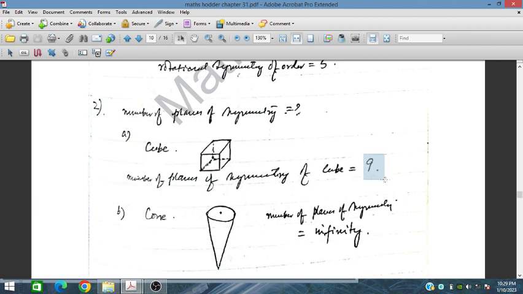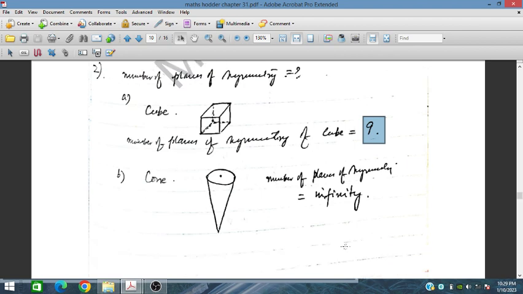So there are 9 planes in this cube shape. And for the cone shape, the number of planes of symmetry is infinite, because at every point, if we rotate it, it will again be the cone. So an infinite number of symmetries exist in this cone. If we rotate it, it will give planes of symmetry in infinite terms.